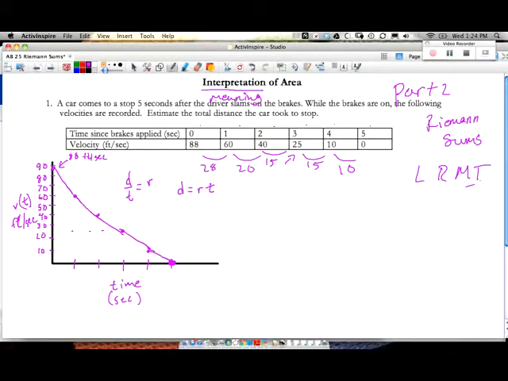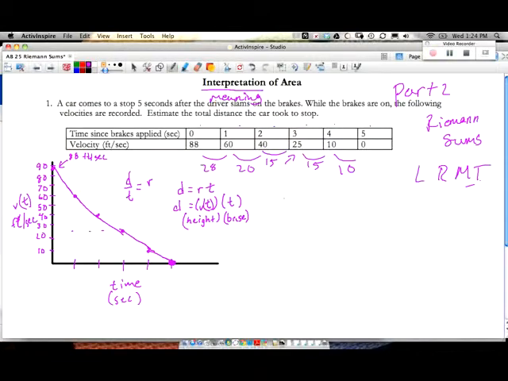But D equals RT is going to help us here. So if we take our rate times our time, in other words our velocity times our time, that's going to give us a distance. So what we're going to do is multiply it. We'll consider this to be like our height. This is our base. And we're really just multiplying rectangles.